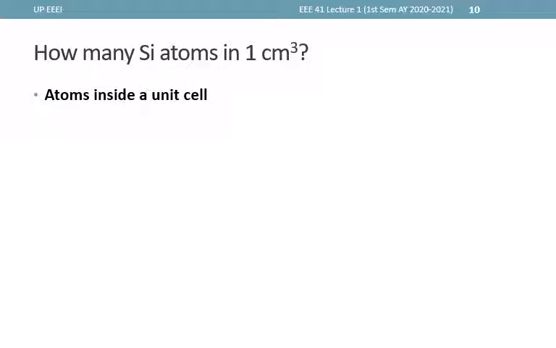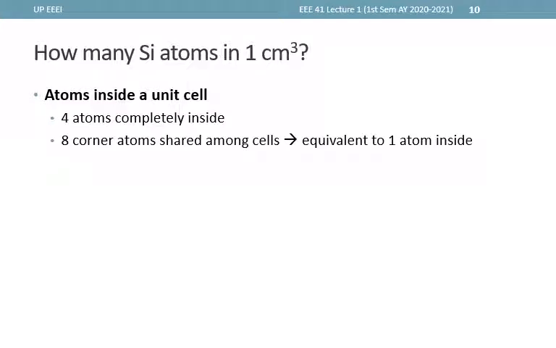So what if we were asked how many silicon atoms are there in 1 cubic centimeter, or what is the volume atomic density of the silicon crystal? We can start computing using only the unit cell. If we count the atoms inside the unit cell, we have 4 atoms completely inside. We have 8 corner atoms, but these are shared among neighboring unit cells.